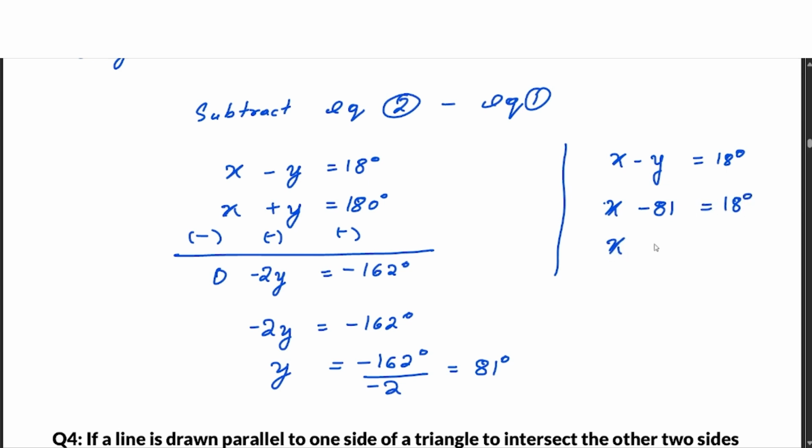So x is equal to 18 plus 81, so x is equal to 99 degrees. Hope it's clear. It is a mixture of supplementary angles along with linear equations.